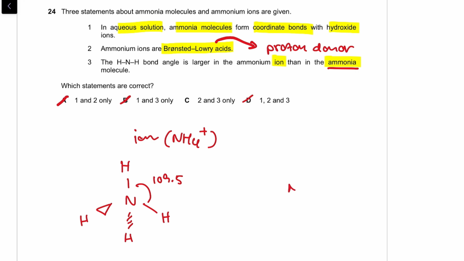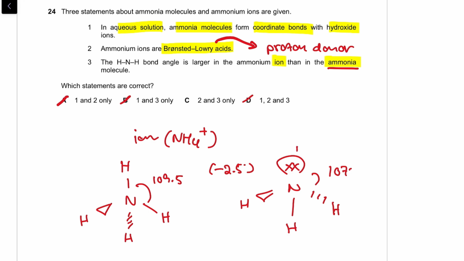In ammonia, there is 1 lone pair, so we get a bond angle of 107 degrees. There is a 2.5 degree difference in the bond angles because lone pair repulsion is greater than bond pair repulsion. So for this reason, the bond angle in ammonium ions is greater than the bond angle in ammonia. Therefore, the answer is C.